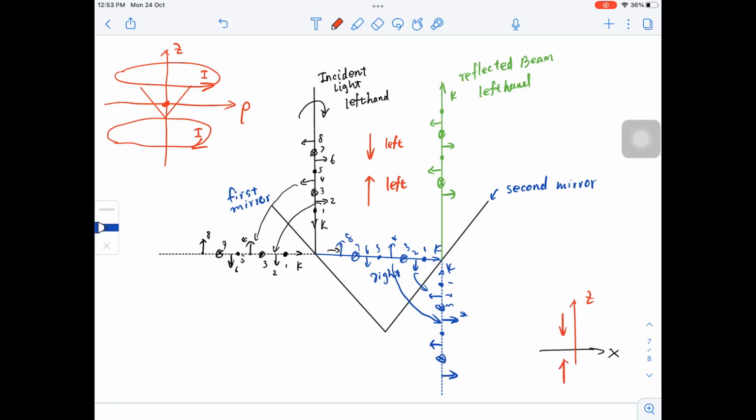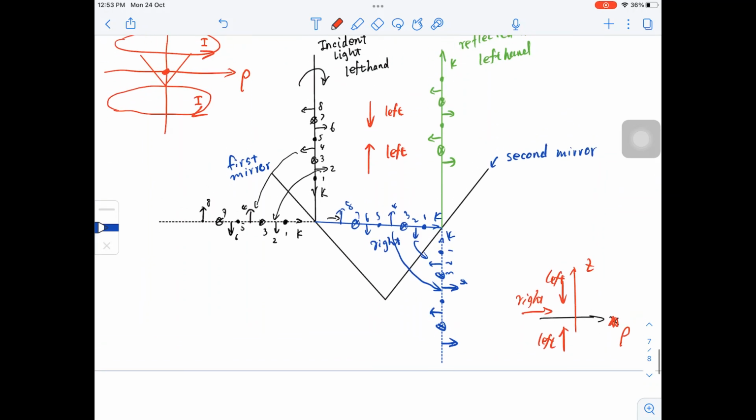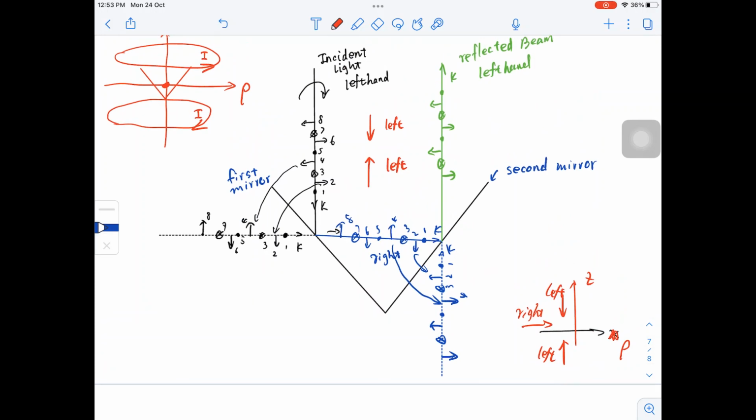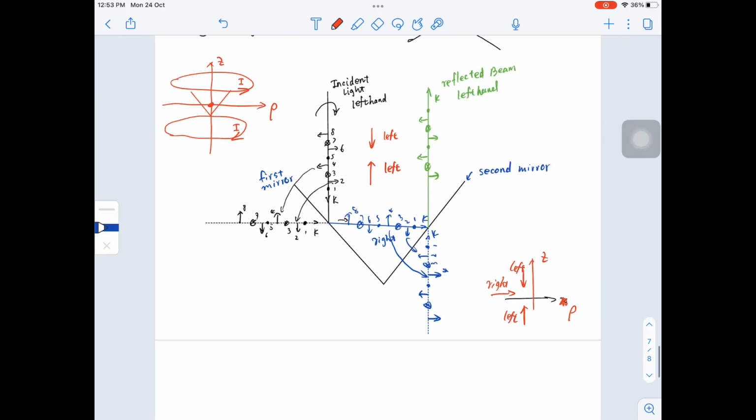And along the rho axis, I call it rho, here you have right. Now what we need to check is the other way around, which is this way. Let's say we have the light in this direction.